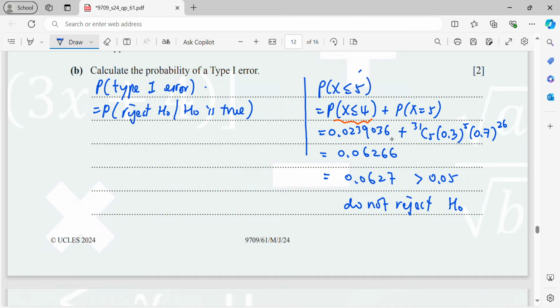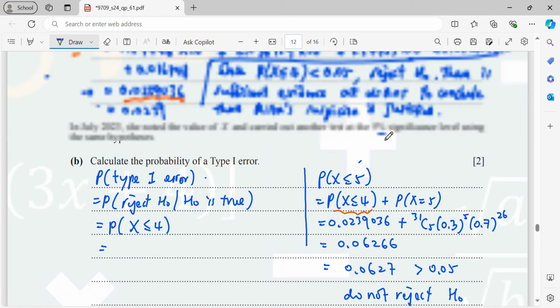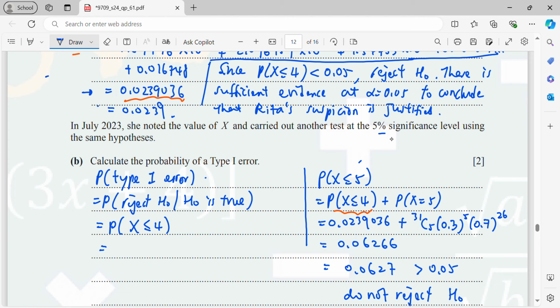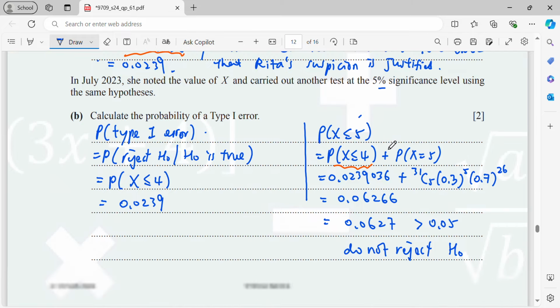But our type 1 error is defined as rejecting H0. Therefore, this is the same as P(X ≤ 4). So you just copy this probability from the previous part, which is 0.0239. So this is how we decide the probability of type 1 error.